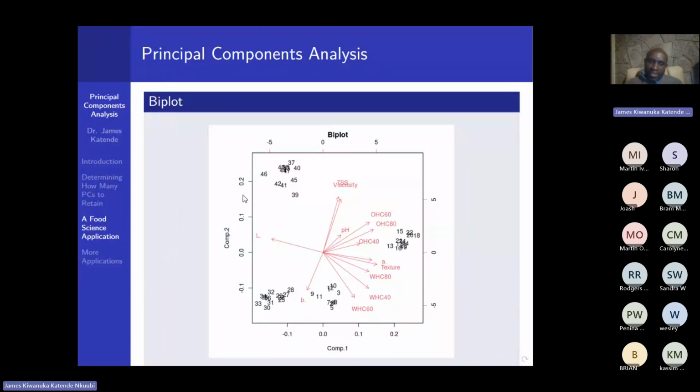So this second principal component we saw earlier seems to separate, it's good at separating, it can classify the two. The ones with the positive values seem to capture this feature of the oil holding capacity. The ones with lower values seem to capture this feature of the water holding capacity.